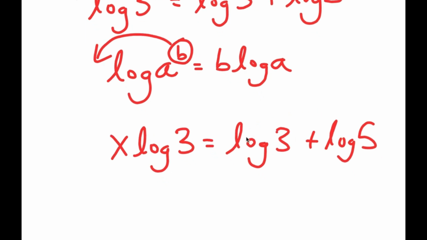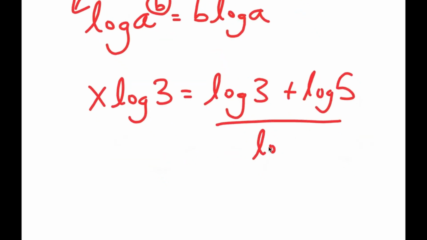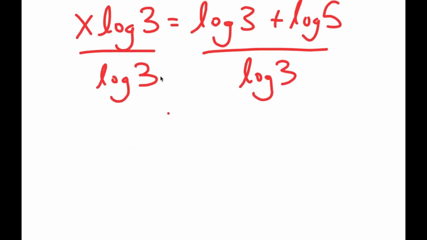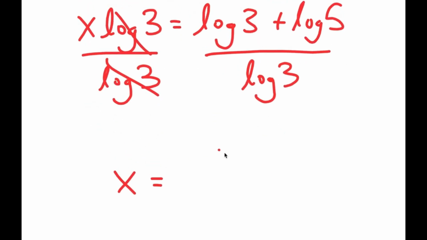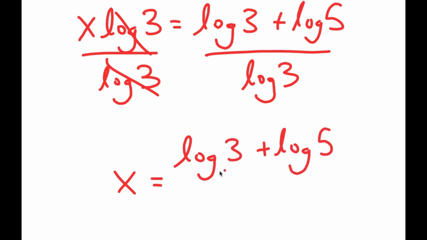So now from here, I'm going to divide both sides by log 3. So for my left-hand side, these two cancel out, and for my right-hand side, I get x is equal to log 3 plus log 5 over log 3.